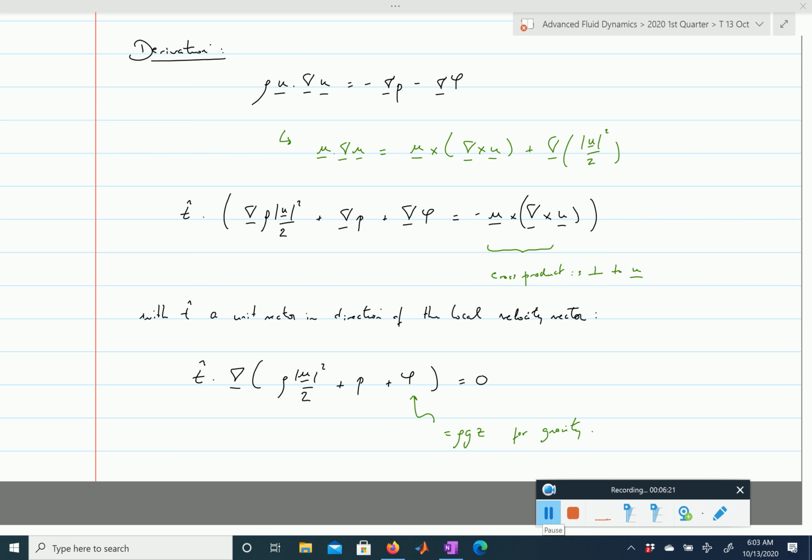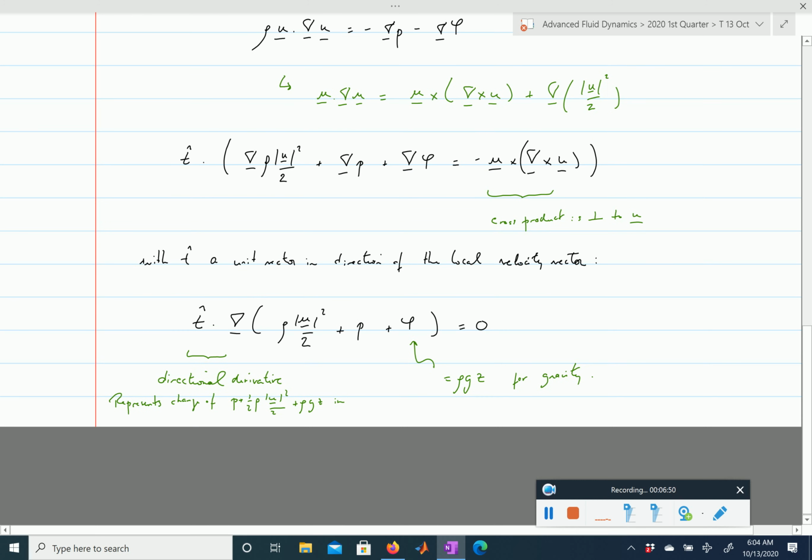And now you may recall our discussion when we first discussed the total differentials, that if you project the gradient of a function onto a particular direction, that is what is called the directional derivative. Right? This corresponds to the rate of change of this function as you move not along the x or the y or the z direction, but as you move along the t direction. So the change of this function in the t direction.